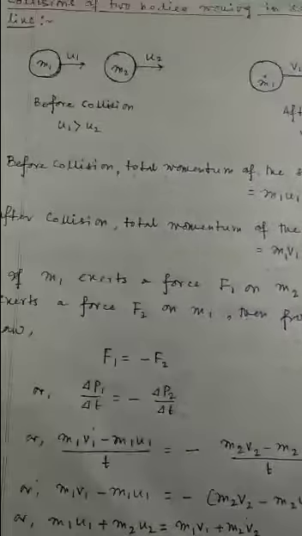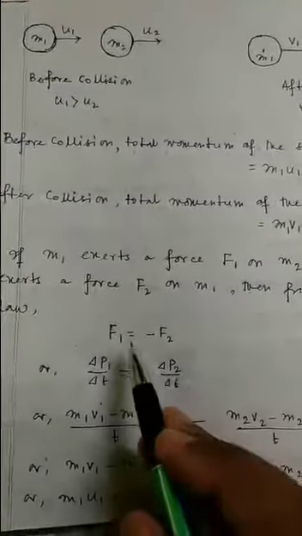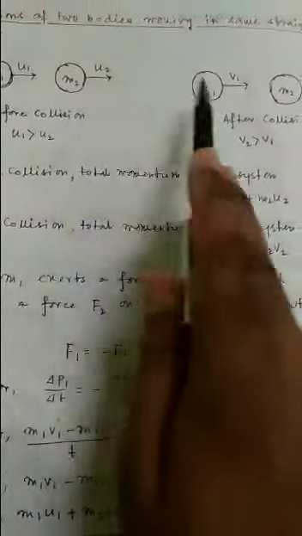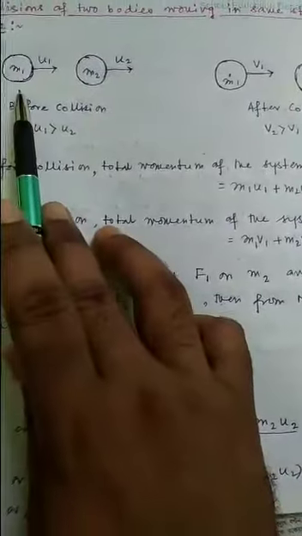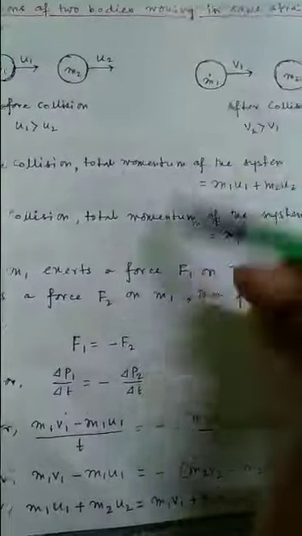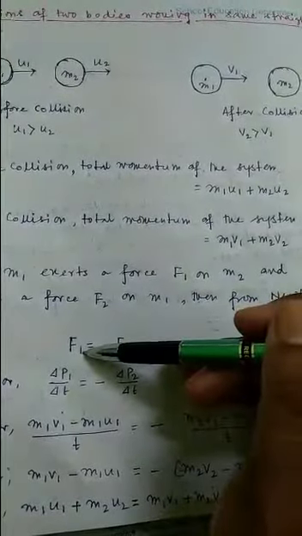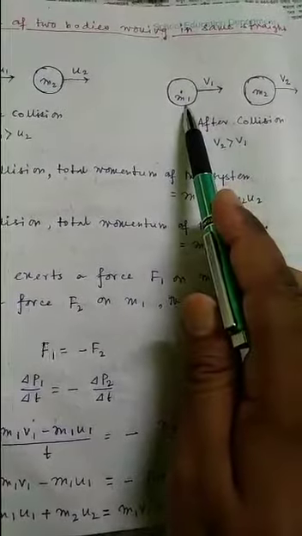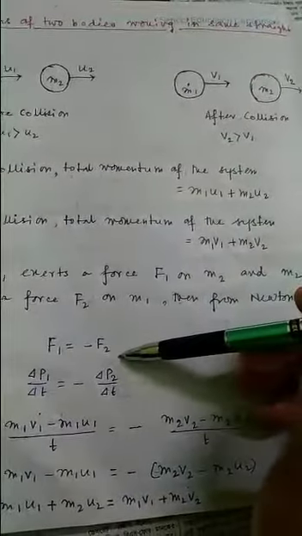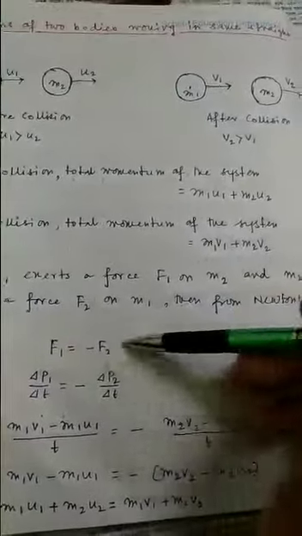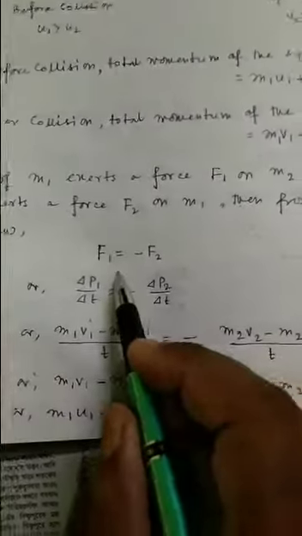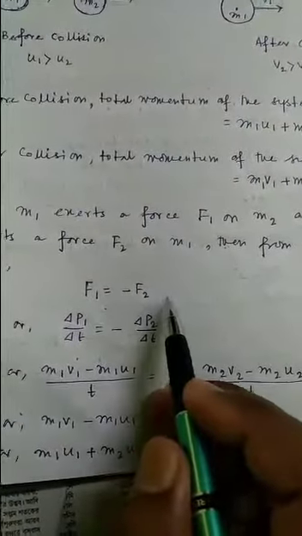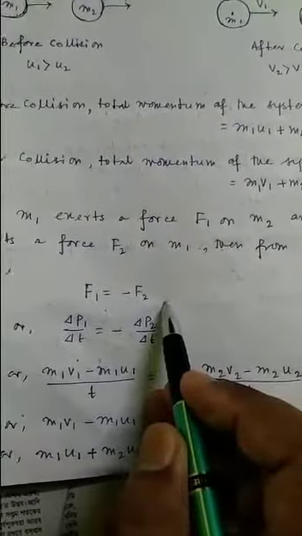Now, according to Newton's third law, during collision, if m1 exerts force on m2 equal to F1, and the force exerted by m2 on m1 is F2, they are an action reaction pair. So we can write, according to Newton's third law, F1 is equal to minus F2.